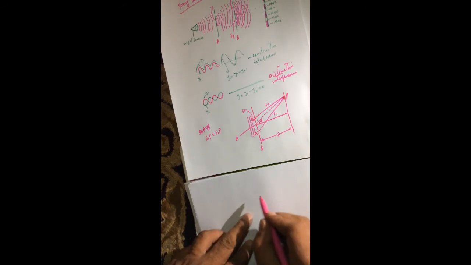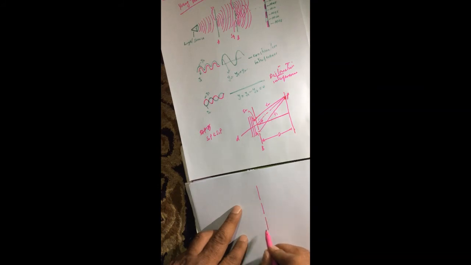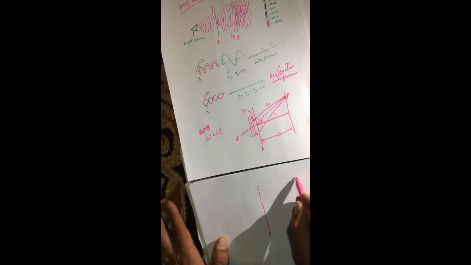Now what I will do, I can plot this figure again. Suppose we have this screen in which we have these slits. This is screen B and this is screen C, let's suppose.